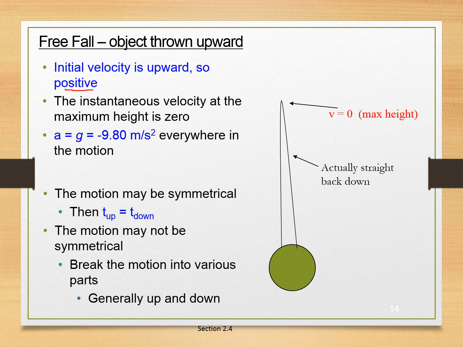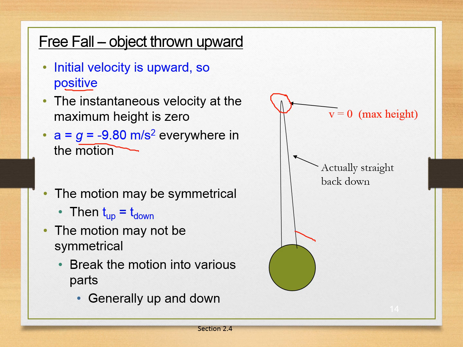The instantaneous velocity at the maximum height is equal to 0 because at this point the object will stop for a moment before it turns back to the ground. The gravitational acceleration g is negative 9.8 meters per second squared everywhere in the motion as g is directed downward.